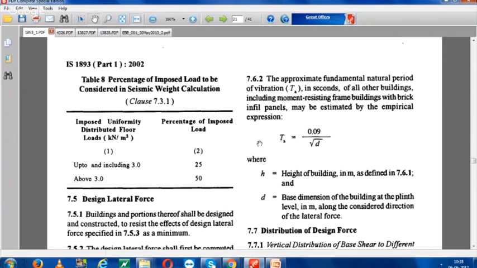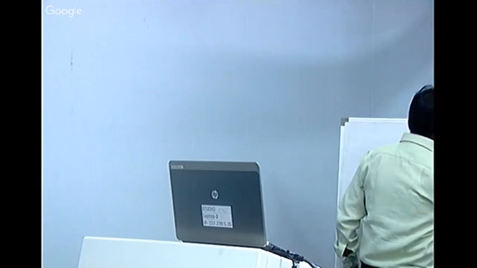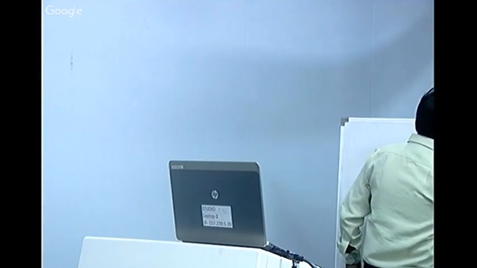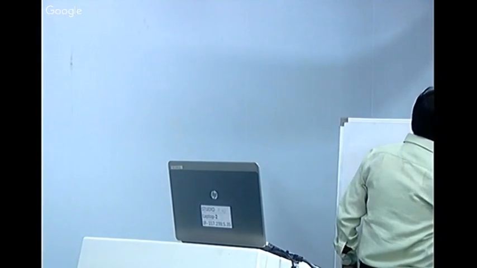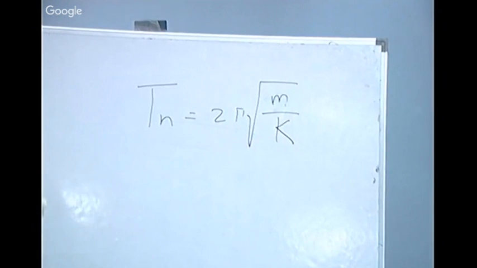It is given as Tn = 2π√(m/k). Here m is the mass and k is the stiffness of the building.